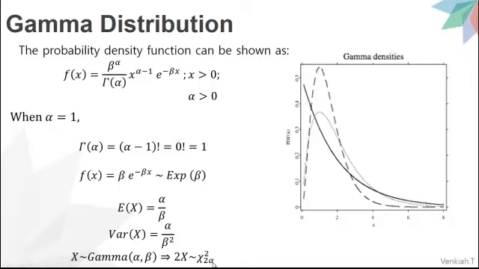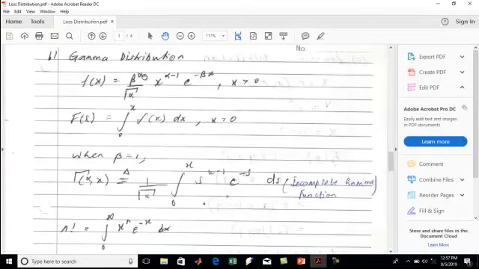Now I'm going to show you the Laplace transform of the gamma distribution to derive the mean and the variance. I've already told you what happens when alpha equals 1, but when beta equals 1, then the gamma of alpha x would, by definition, be given as this.